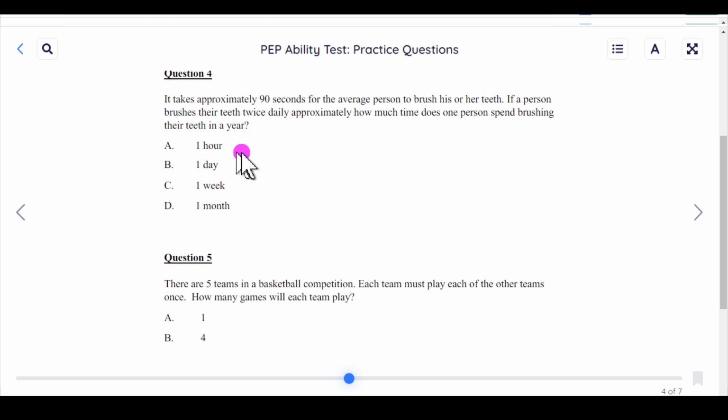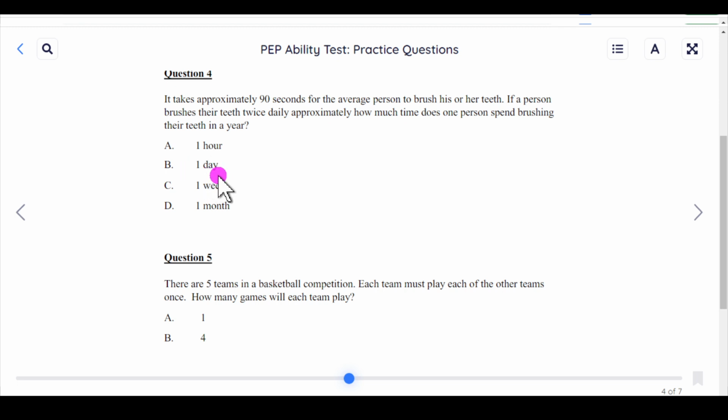If it takes 24 hours to make one day, it can't be A, because that is just 1 hour. 18 is closer to the 24 hours, but a week is made up of 7 days, and a month is made up of 4 weeks. So our 18 hours is closest to B, which would be 1 day.